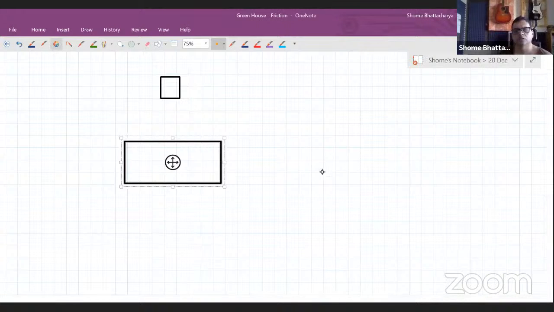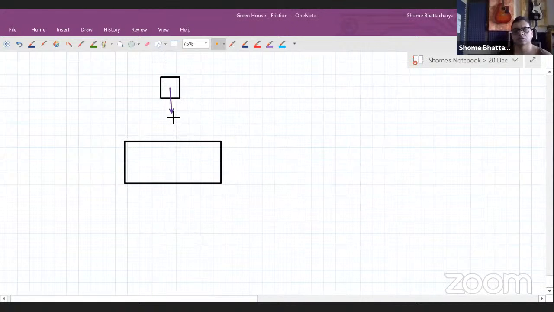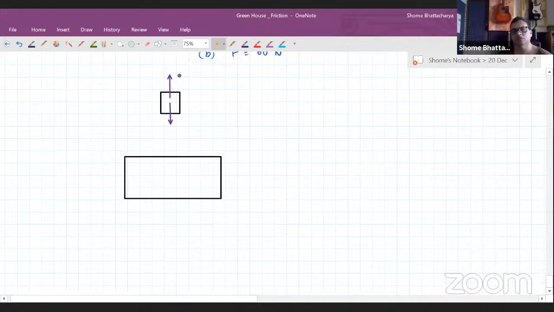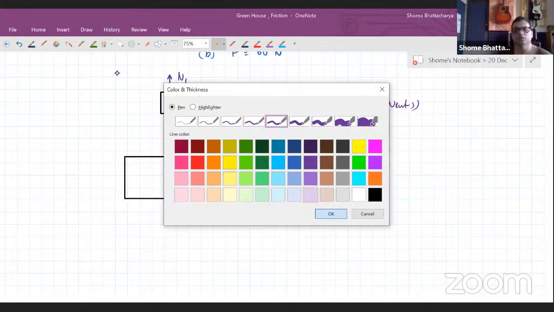Okay, because the vertical forces are like this. Weight of this block is balanced by the normal reaction that the block below it applies on it. So if this normal reaction is N1, you can see N1 is equal to M1G. So that is equal to 40 newtons. Okay. Now on the second block, there are three vertical forces which are acting, not two.